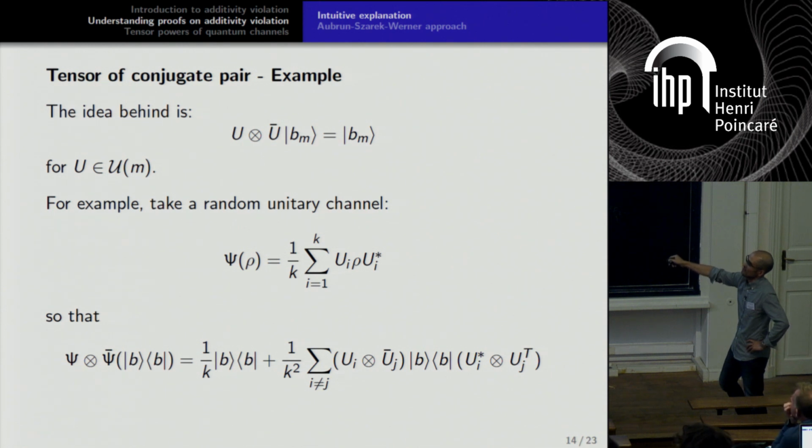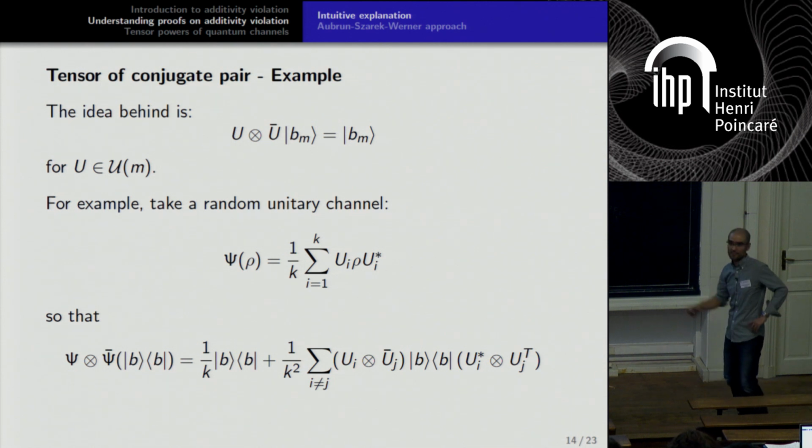Here we have psi tensor psi bar, and we have a Bell input state. What's happening is written here. Suppose we have U tensor U bar, and we have the Bell state, which is a kind of fixed point.